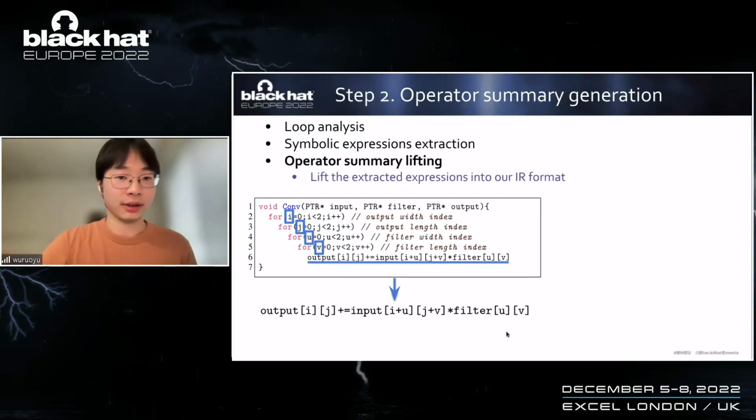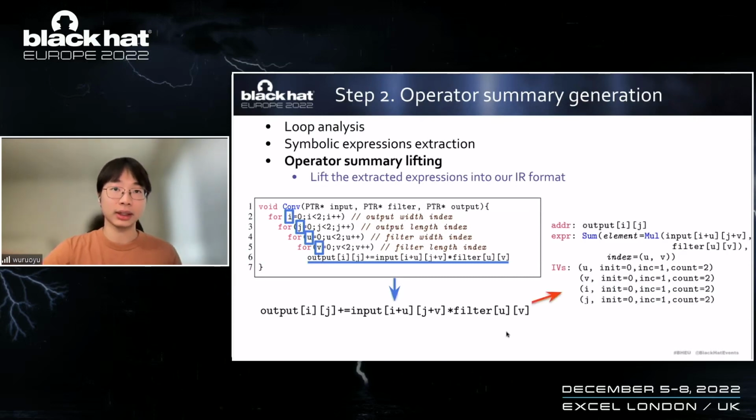Then in the third step, we lift the extracted expression into an operator summary, represented with the intermediate representation, the IR, we design. For example, we lift the extracted expression on the left to the operator summary on the right, shown on the screen.